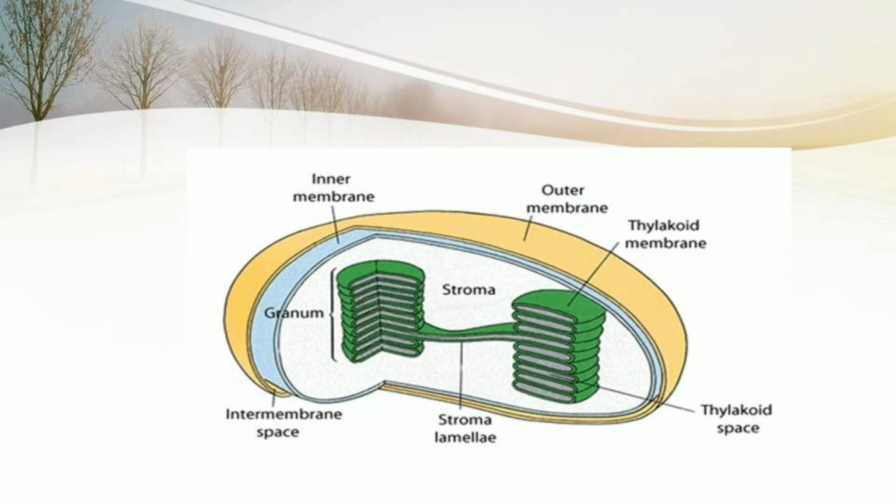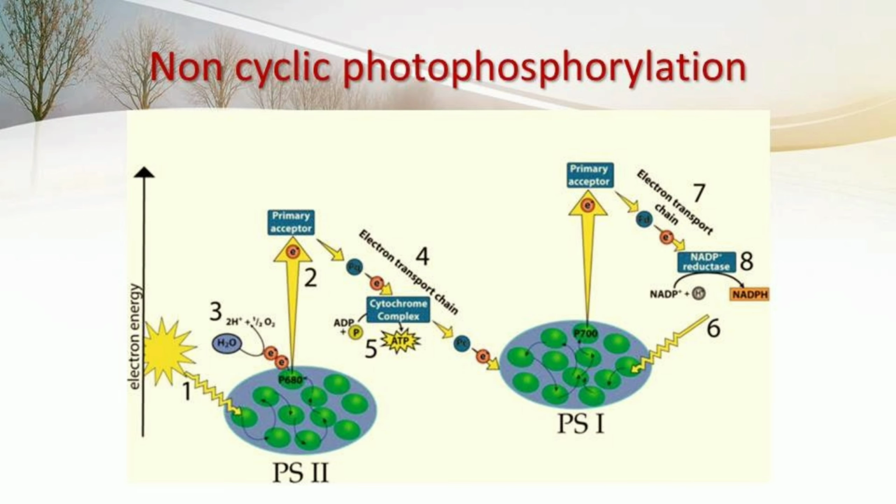So this non-cyclic photophosphorylation, because it has pigments for photosynthesis, takes place in thylakoids. So this is about non-cyclic photophosphorylation, which is taking place in thylakoids.